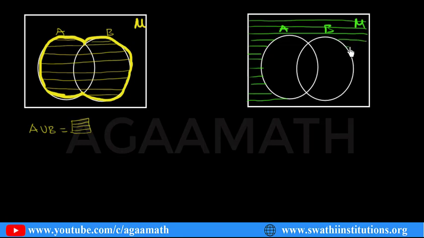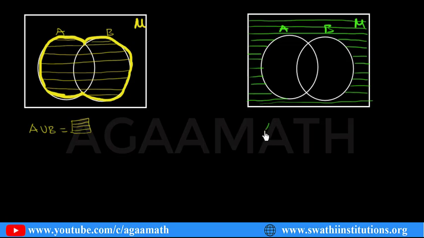Here I am using a pattern of horizontal lines. As I said before, you can use any pattern. Now you can observe that here the unshaded region is A union B.